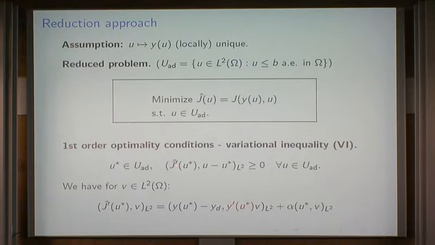Of course we need to know a bit about the dependence of y on u, but in the simple example where there's a linear operator, the differentiability is obvious. If the PDE is more complicated, then you have to analyze whether y is differentiable as a function of u. Assuming so, you can differentiate the objective as I did here, and you get the specific format of the first order condition. I'm just bringing this up for completeness.